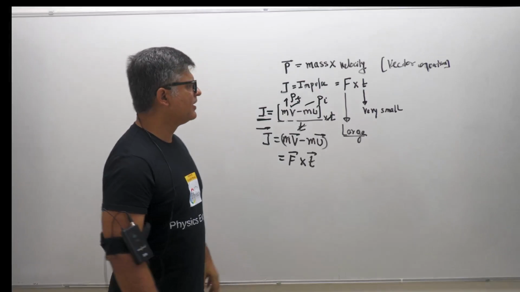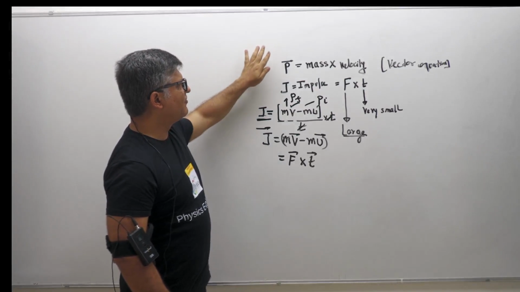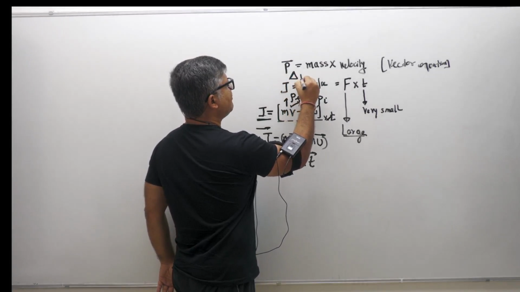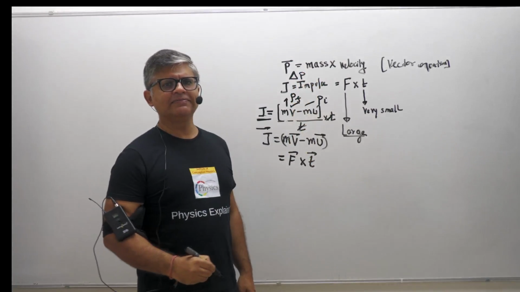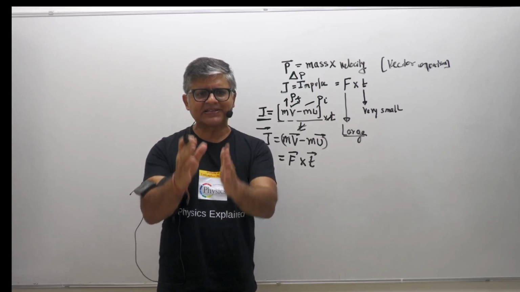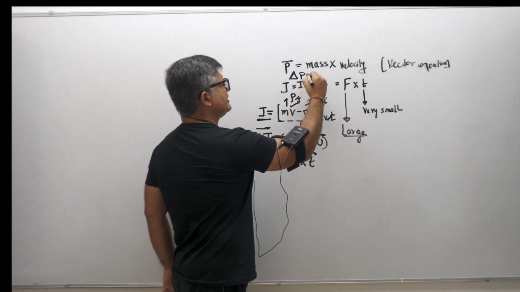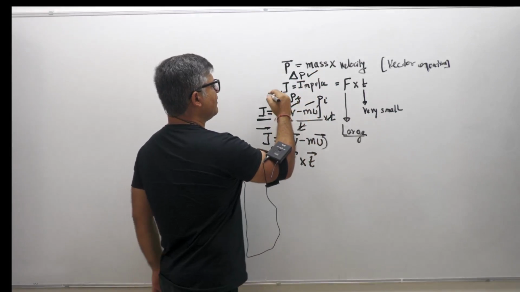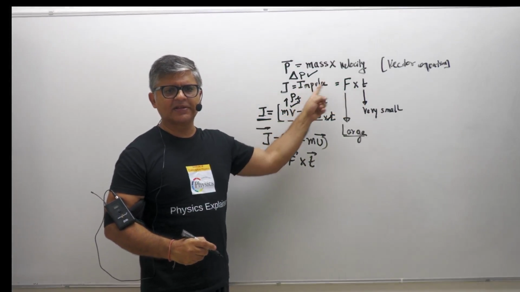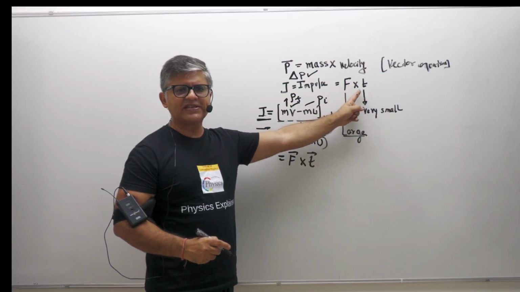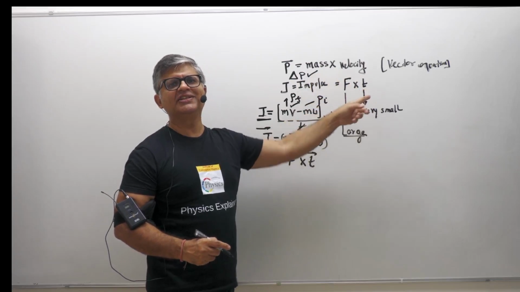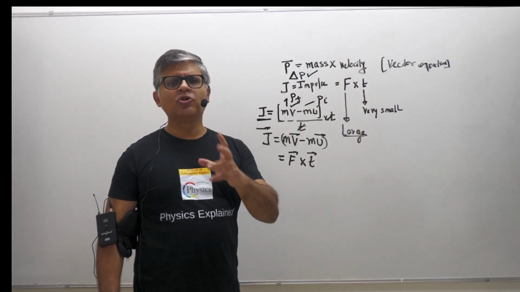To solve this numerical, find out P, find out delta P, which is change in momentum. Write all of this. When the numerical comes in front of you, the concept is clear in your mind. You have to worry about delta P. You have to worry about J is equal to F into T. This is another concept you will write. And then F into T is equal to change in momentum. That will give you the answer.